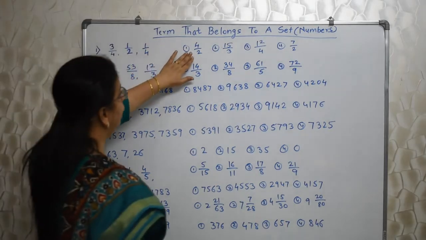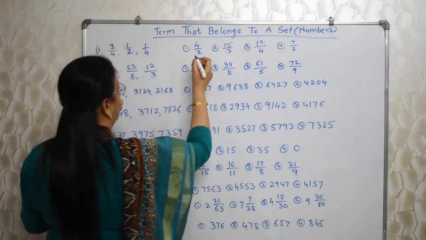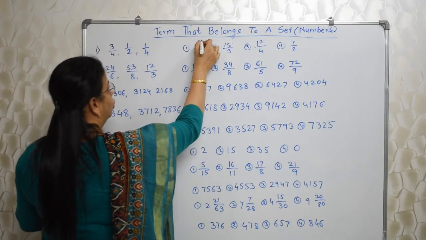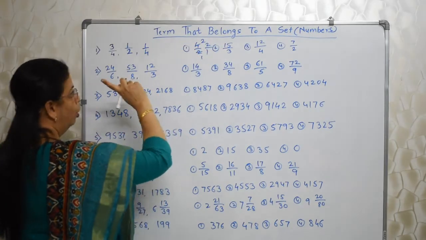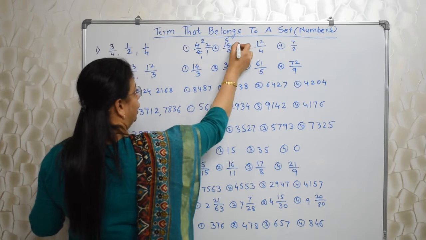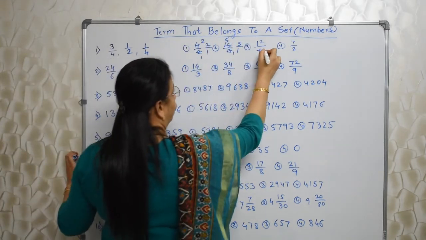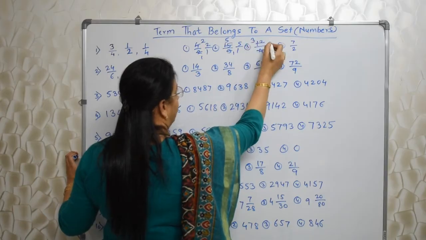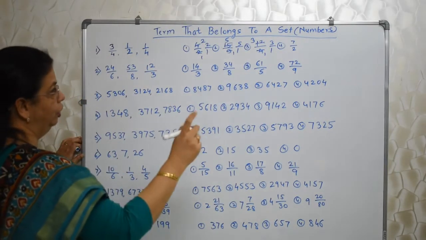They are looking like fractions, but for example this first one, 4/2 means 2 ones are 2, 2 twos are 4, 2/1 means 2, which is not a fraction. Here again 3 ones are 3, 3 fives are 15, 5/1 means 5, which is not a fraction. 4 ones are 4, 4 threes are 12, 3/1 means 3, which is an integer, not a fraction.